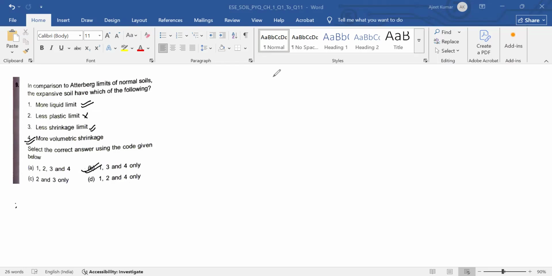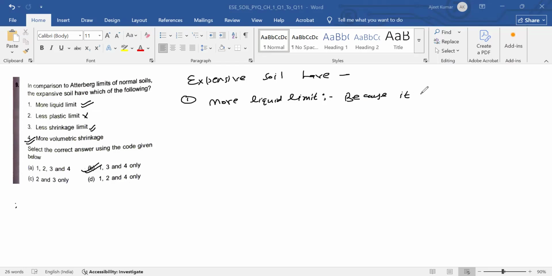Let me explain in detail. Expansive soil have, first one, more liquid limit, because it imbibes more water.